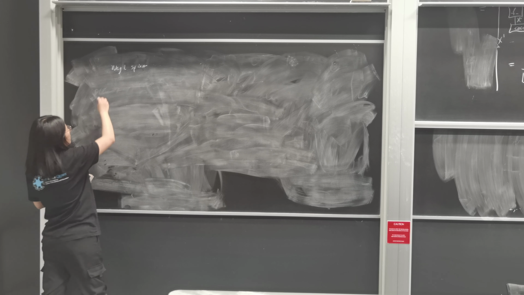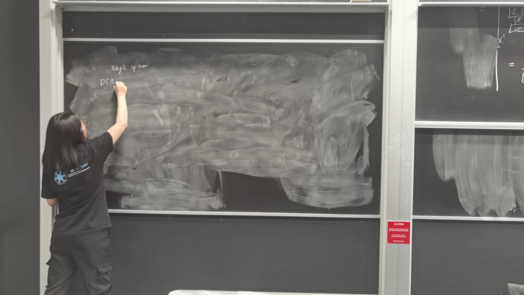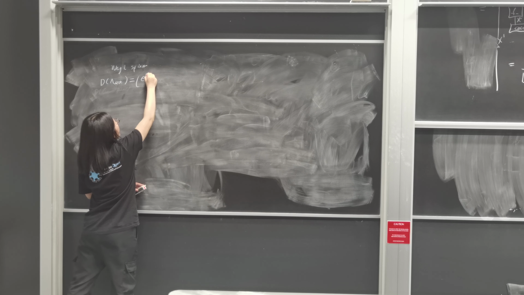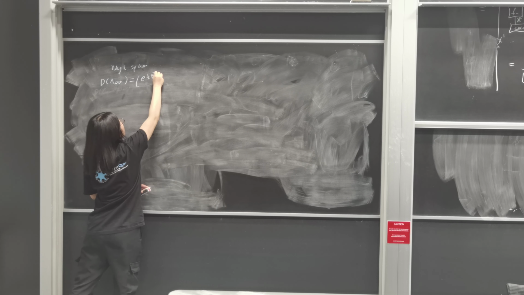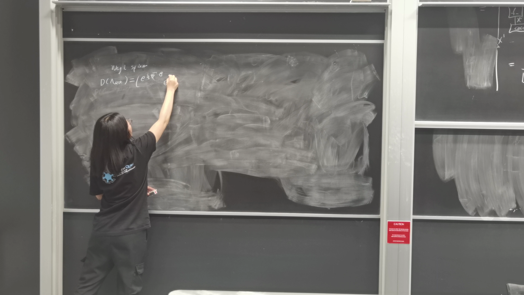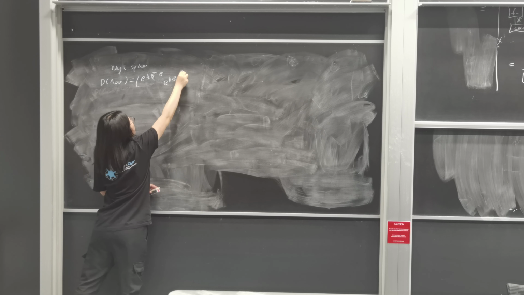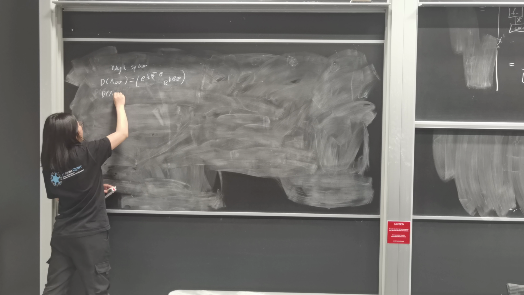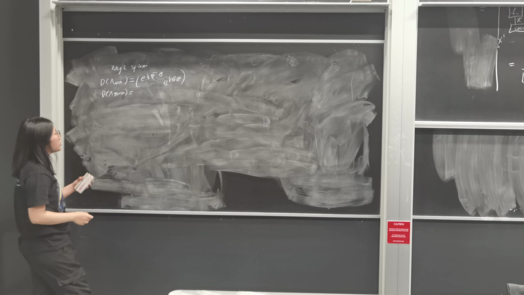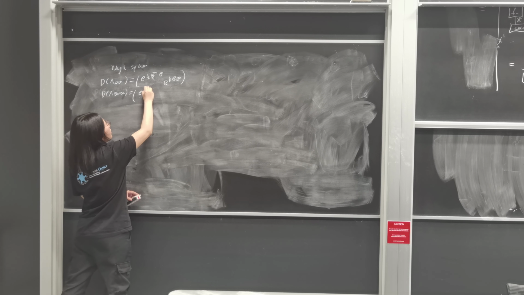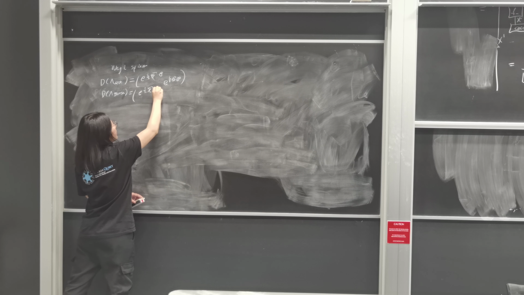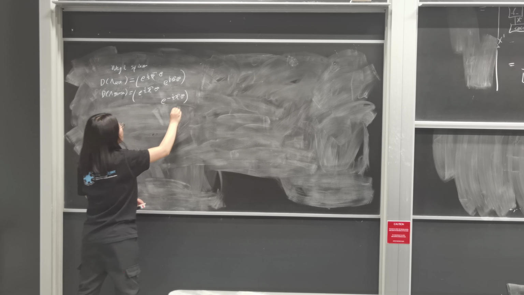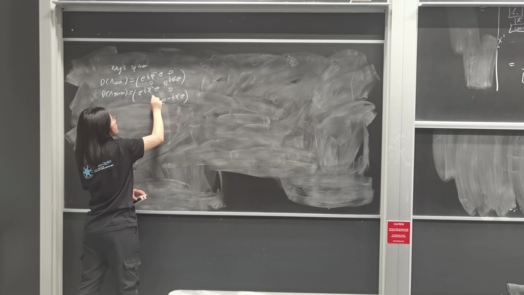In Weyl representation, the Lorentz group can be written as D of lambda for rotation is e to the i over 2 theta sigma, e to the i over 2 theta sigma, and then we can also compute that for the boost, the matrix representation is e to the 1 over 2 chi sigma, e to the minus 1 over 2 chi sigma, and here is 0, 0, 0, 0.